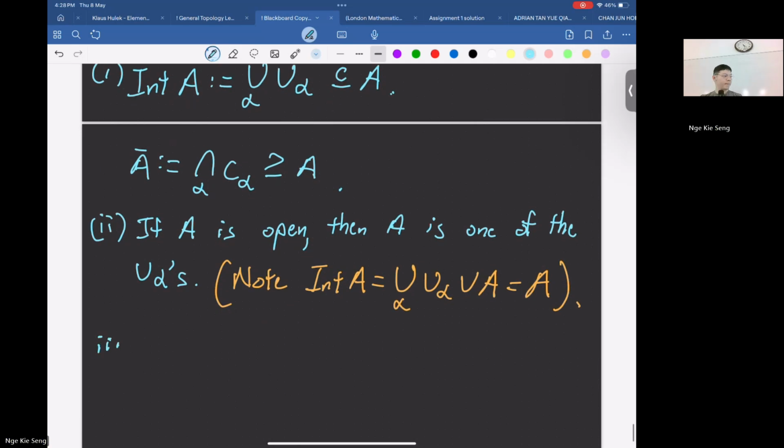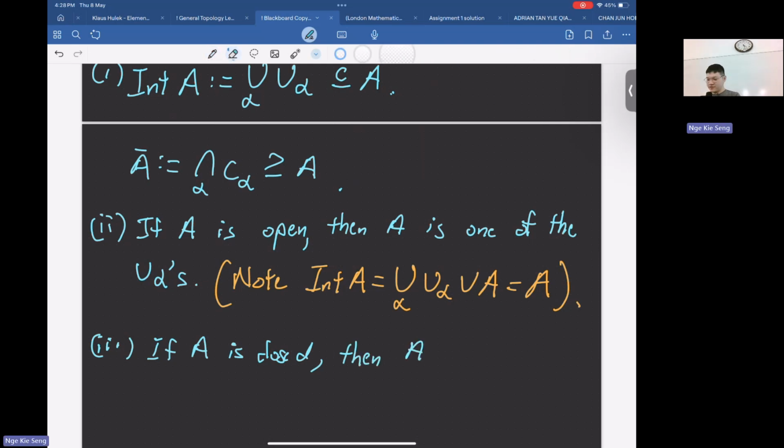Third, if A is closed, what does it mean? A is also one of the C alpha.